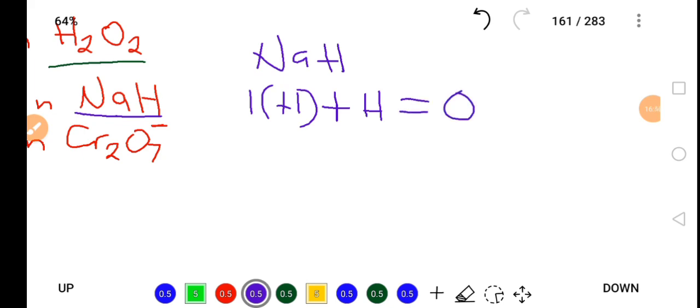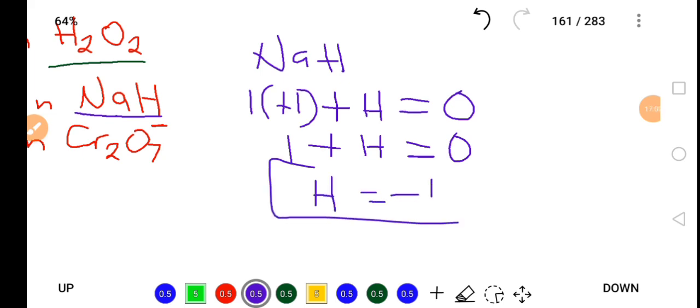So it will be 1 plus hydrogen equals 0, where we are going to say hydrogen equals negative 1. So in hydrides, the oxidation number of hydrogen is negative 1. In the remaining compounds, the oxidation number is positive 1.